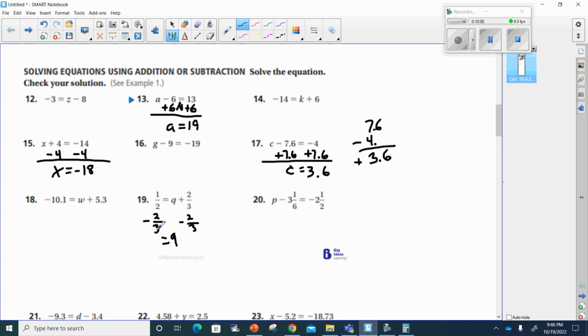That's going to be a little hard, but let's see. I know I need a common denominator, so I'm going to multiply this by 2 over 2. I'm also going to have to multiply this by 3 over 3. I can rewrite this. Okay, so this is going to be 3 over 6.